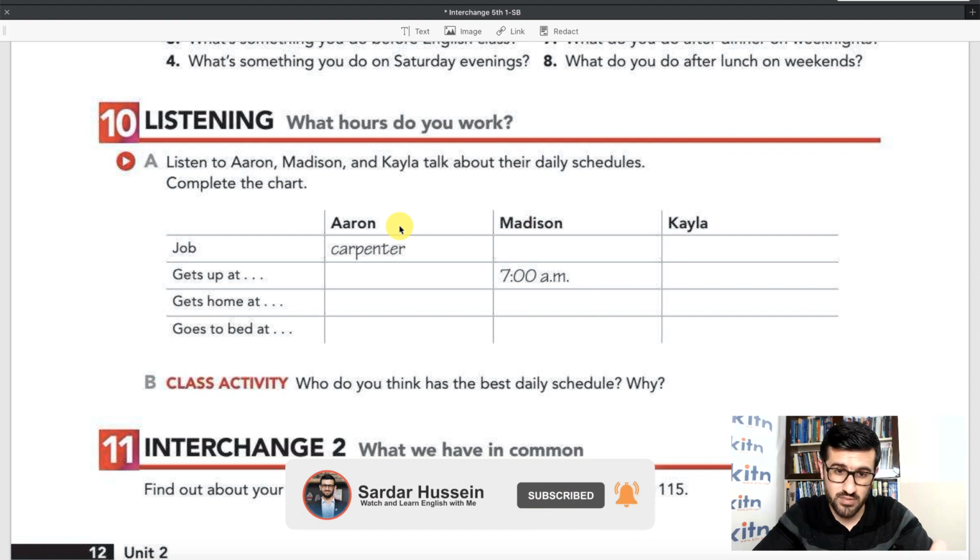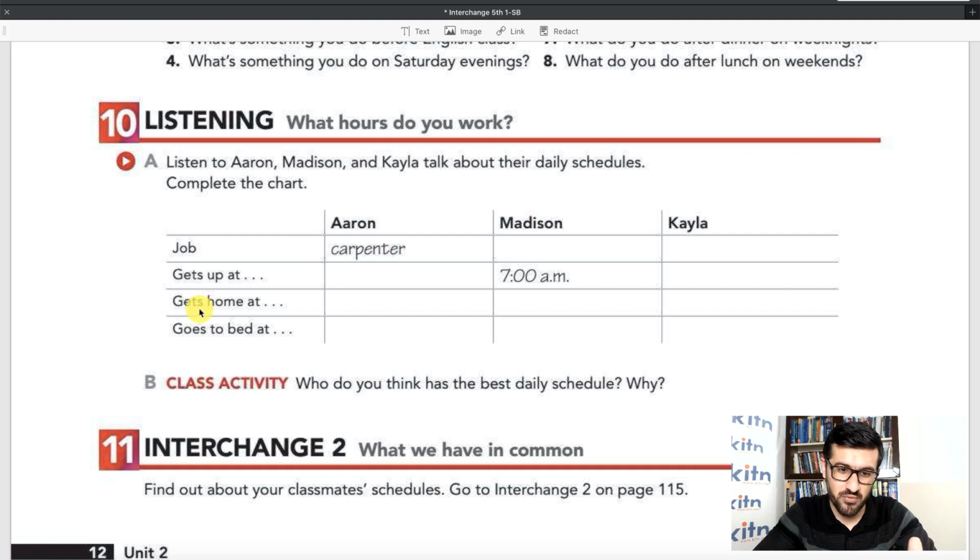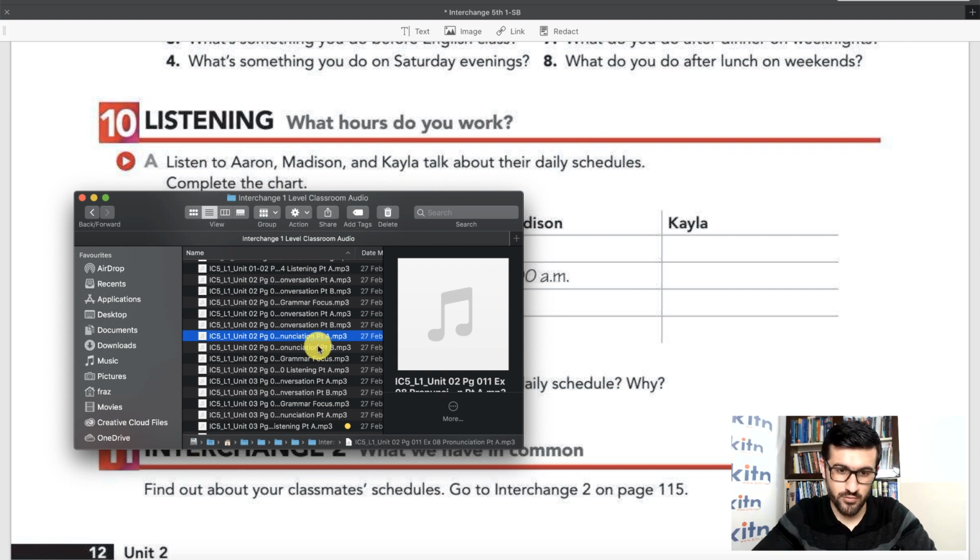Aaron is a carpenter. But tell me, based on the listening, when does he get up? When does he get home? When does he go to bed? The same thing for other people, okay? So you listen and you complete, and I will later on reveal the answers in the next lesson, okay? So listen now and try to know the answers.